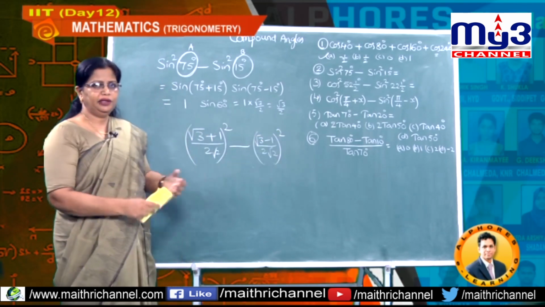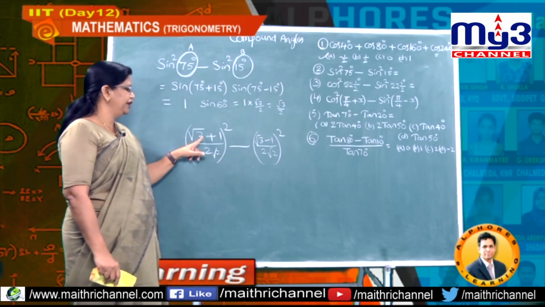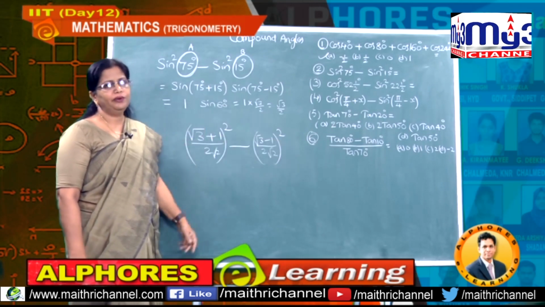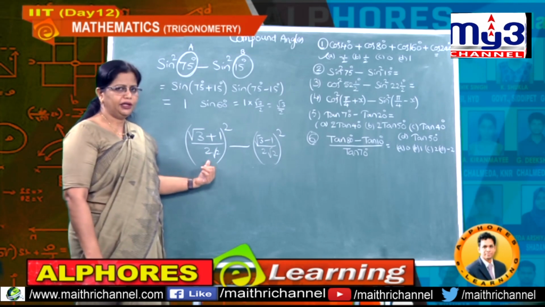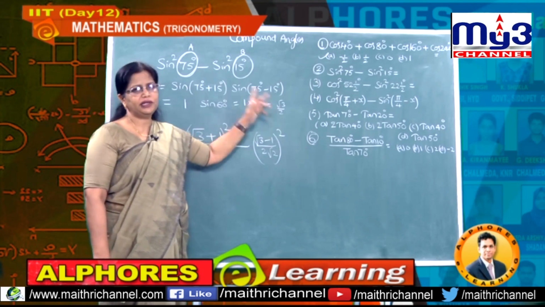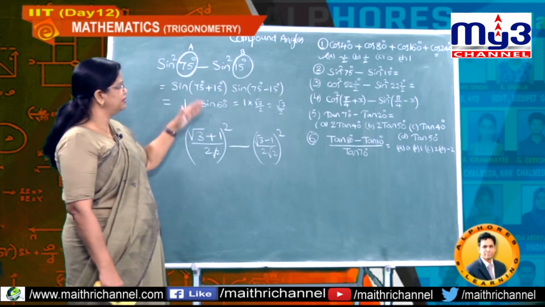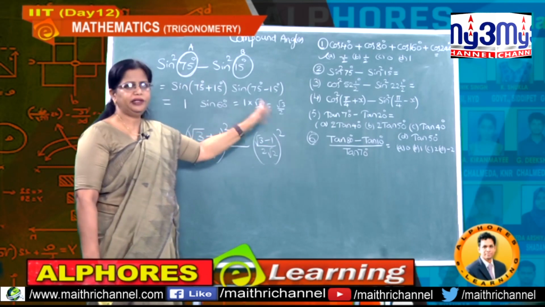Now the denominator you take outside: A plus B whole square minus A minus B whole square, 4AB, 4 into root 3, denominator 8. Therefore you got again how much the answer? Root 3 by 2. So any of the formulas you can use, but this one is just with an observation, you can write the answer directly.